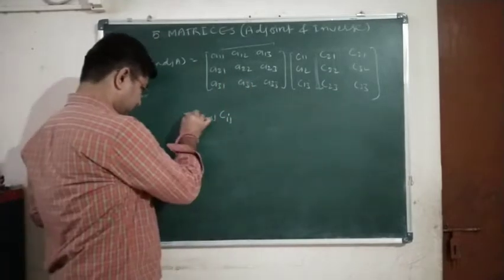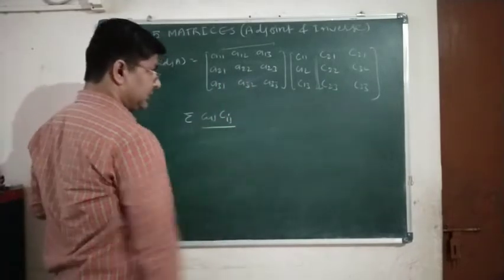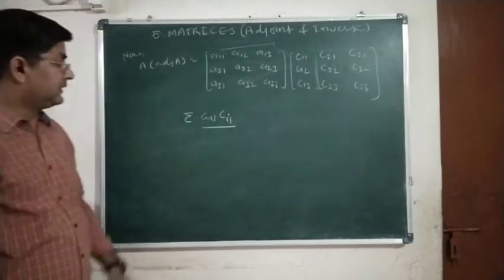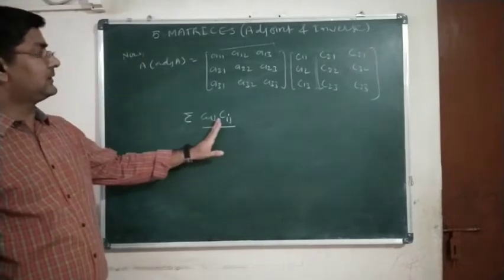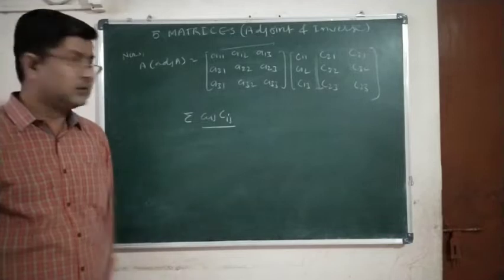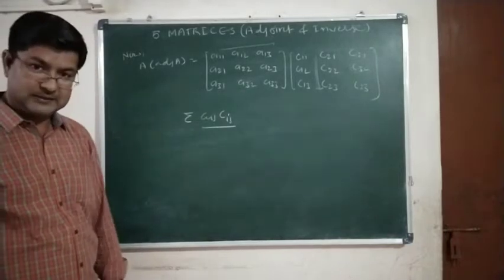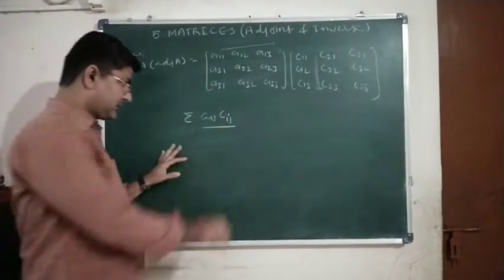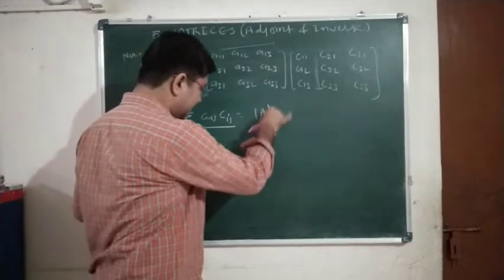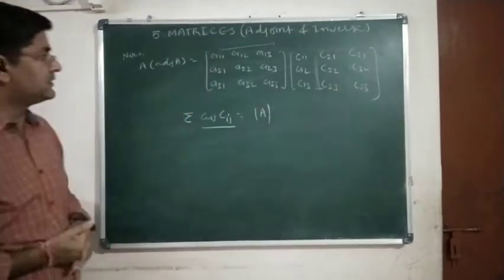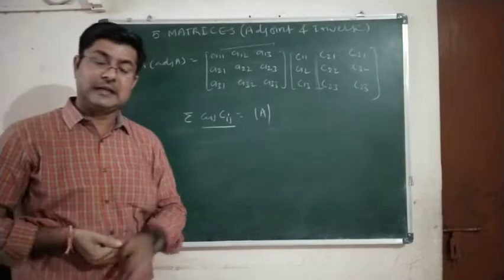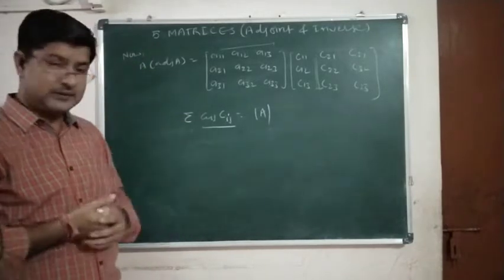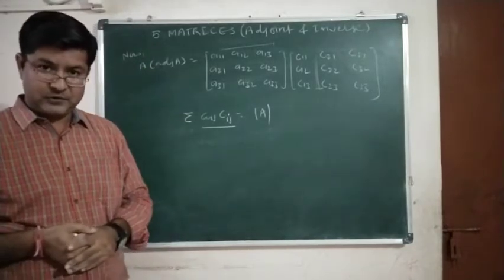Yes or no? A11 C11 plus A12 C12 plus A13 C13, like this. And what does this sum represent? This sum gives us the determinant that we have seen previously in the last chapter of matrices.